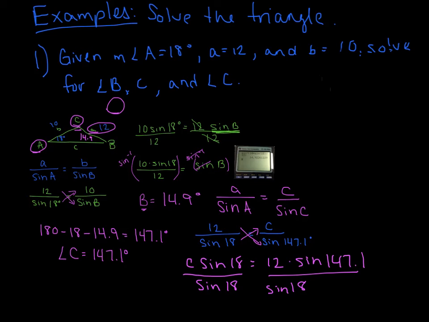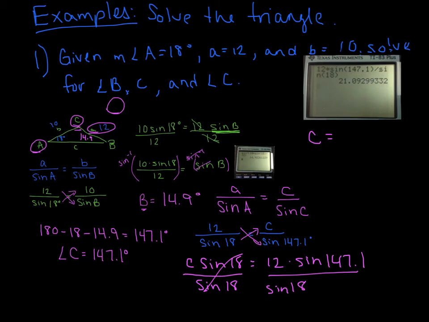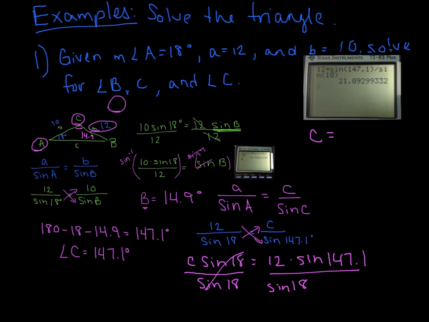You're going to type it in exactly how that is. So again, if I'm rounding to the nearest tenth, I get 21.1. And I don't put the degree symbol because I didn't solve for an angle. I just solved for the side.